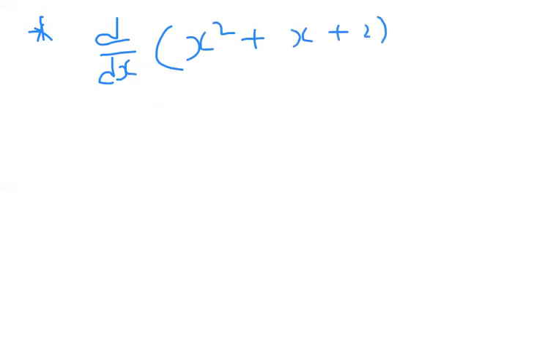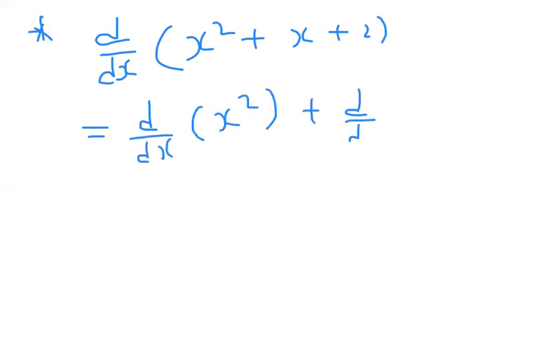Suppose, now grouping here. d by dx of x square plus x plus 2, they have given. How to handle? d by dx of x square plus x plus 2, I can write this individually. First you have to take each term, that is d by dx of x square plus d by dx of x plus d by dx of 2.